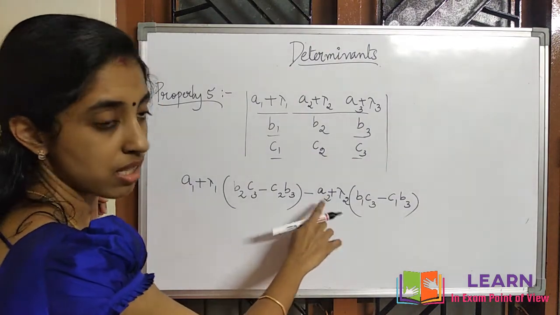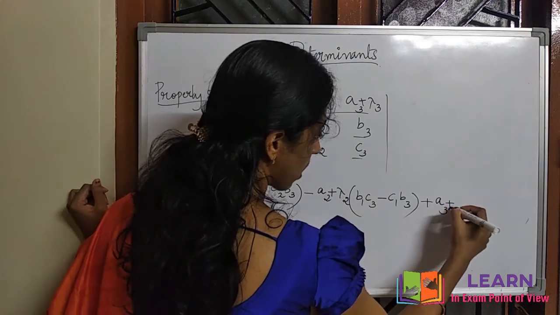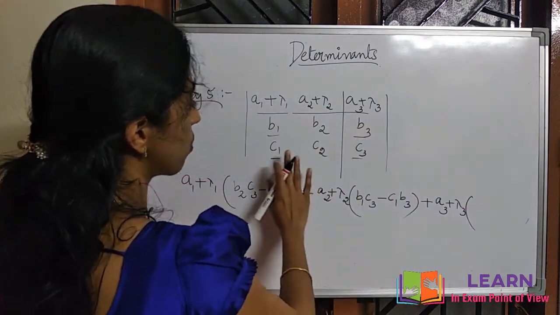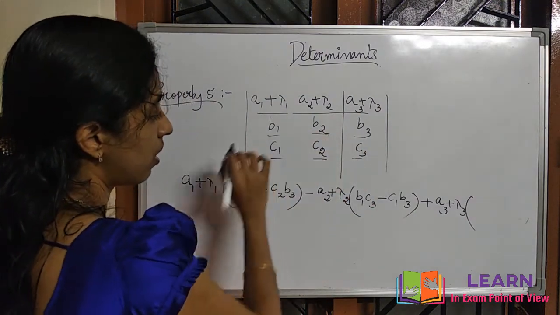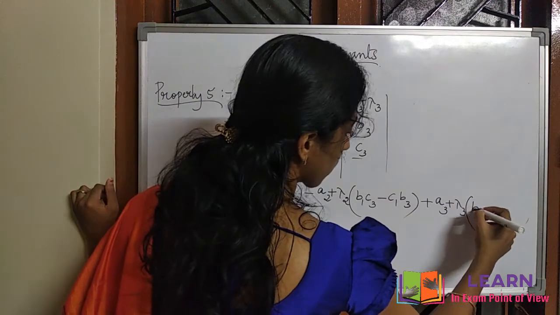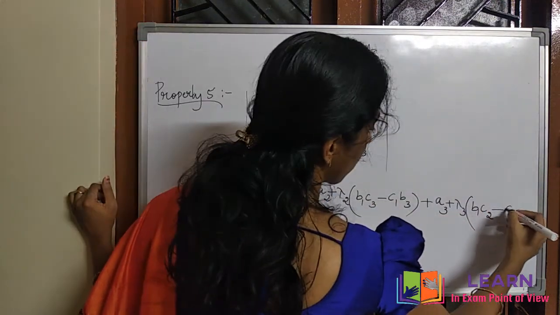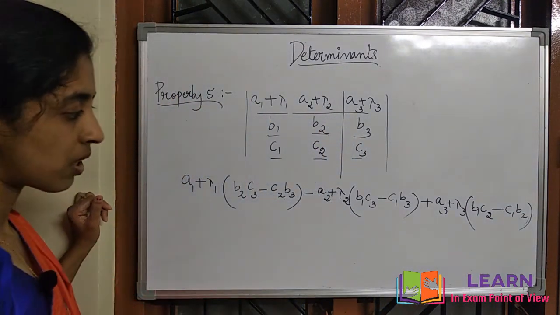Here it was minus, next it will be plus. Its corresponding row and column are kept out. Then the four remaining elements give b1 c2 minus c1 b2.